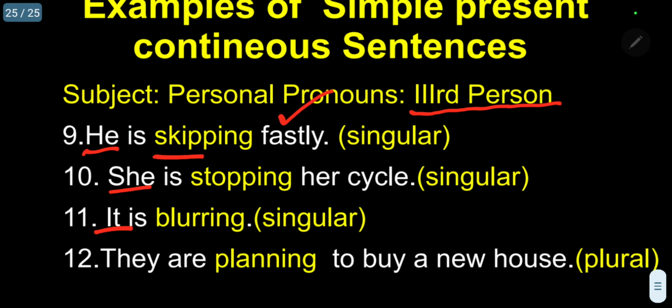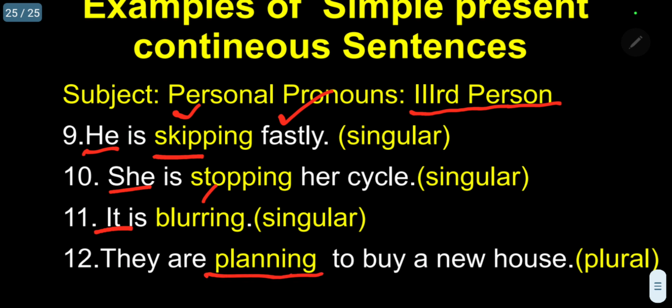Skip: P, the terminal letter, is preceded by the vowel I. She is stopping her cycle. It is blurring. Blur, again R. Kindly follow, U is the vowel. Blur, singular.